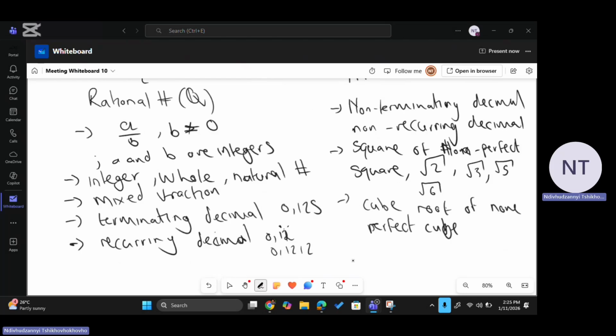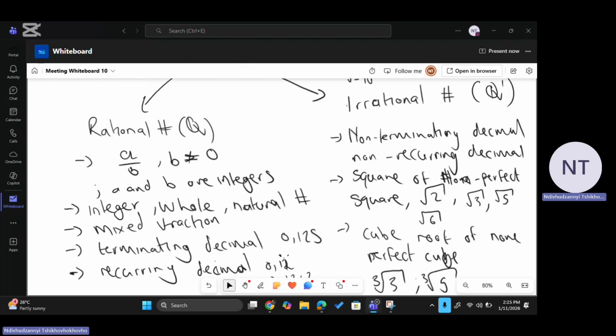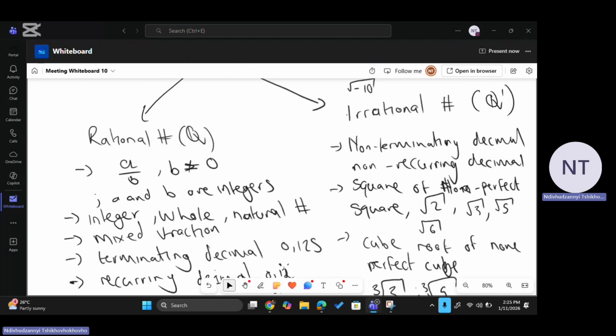So it will be the cube root of 3, cube root of 5, numbers like that. You can't say cube root of 8, because cube root of 8 is 2. Things like that, right? So we're done with the definition of an irrational number.